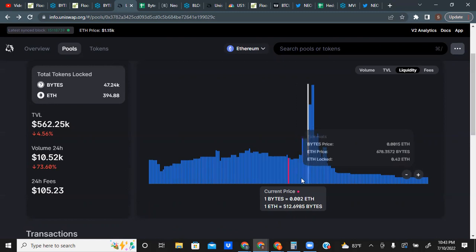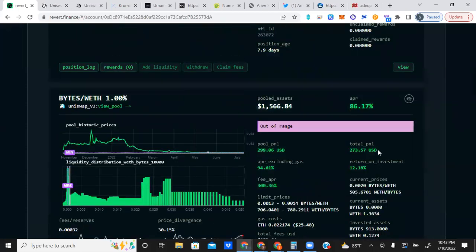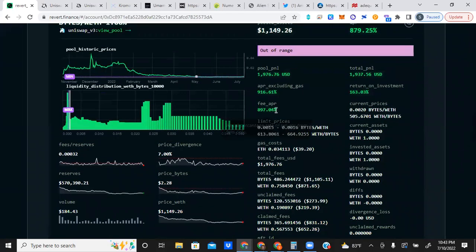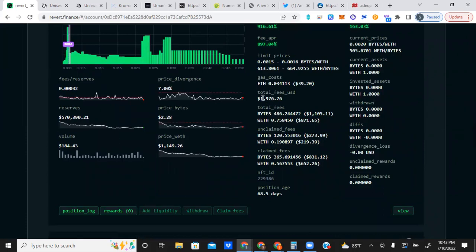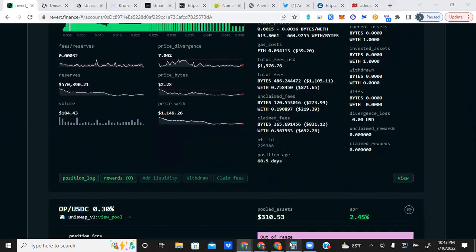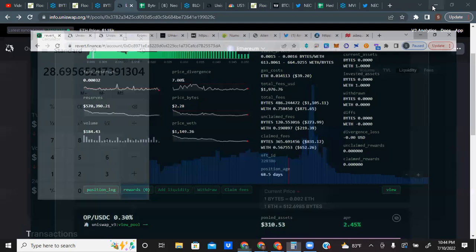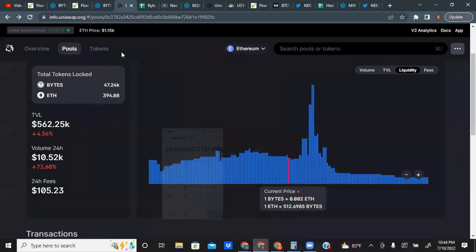So, when I was calculating how much I was making a day on some of these liquidity positions, if I made, what's it say, $1,900 divided by 69 days, right? So like $28 a day. So not bad compared to what the citizens are yielding. So definitely some opportunity there.